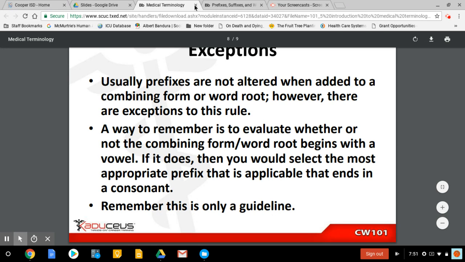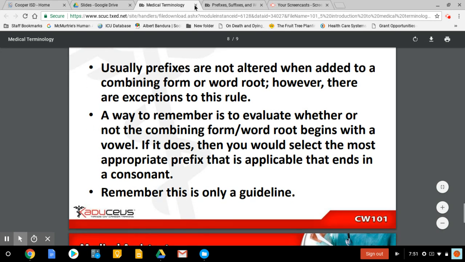Then select the most appropriate prefix, especially if the root ends in a consonant. We do our best not to have two vowels together at the end of a prefix and a root word, or at the end of a root word and a suffix. We generally don't have two vowels together.